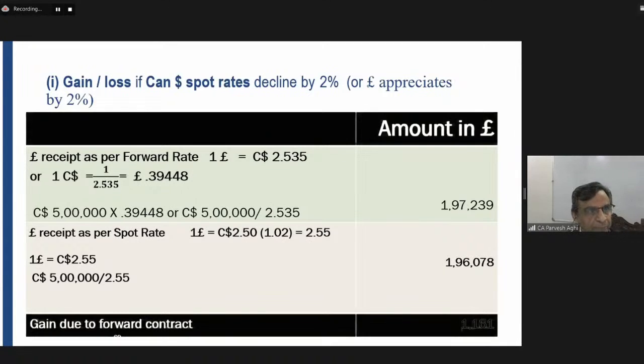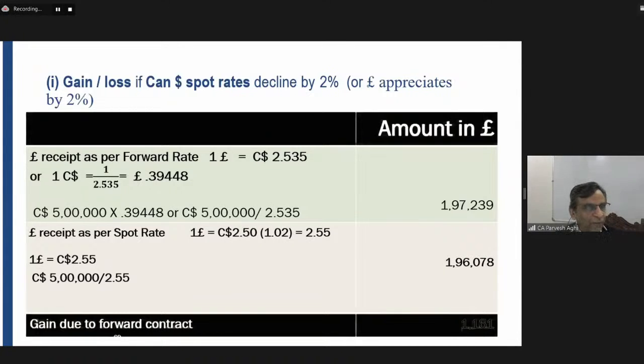That was factored in the forward rates. Whereas what actually happened after 6 months is that the Canadian dollar declined by 2%, which means it declined more. So it was quite a sensible decision of the company to take a forward cover. Had he not taken it, he would have got 1,96,000. So in this case, he is gaining due to the forward cover. This should be absolutely clear when you are solving your question, what you are going to get.